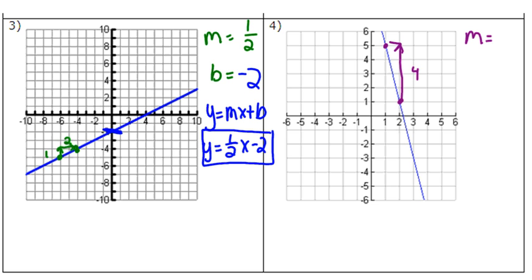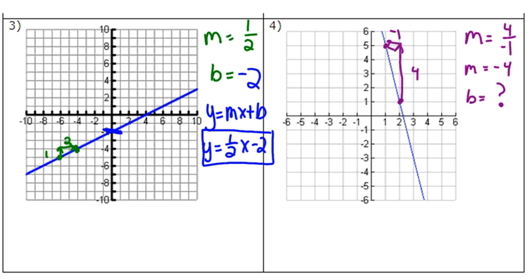I am going over 1 to the left, so my run is negative 1. So my slope is 4 over negative 1. 4 divided by negative 1 simplifies to negative 4. In this case, I cannot tell where my graph crosses the y-axis. So my y-intercept is unknown.